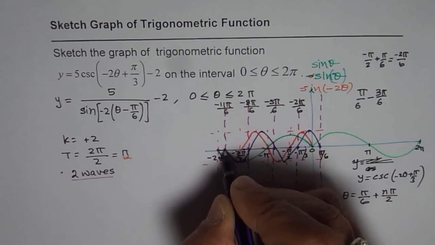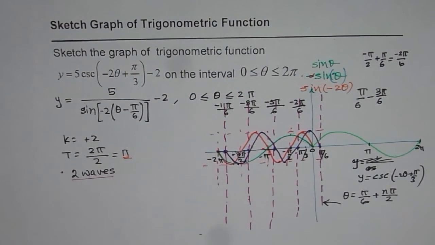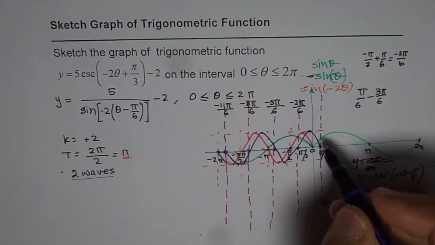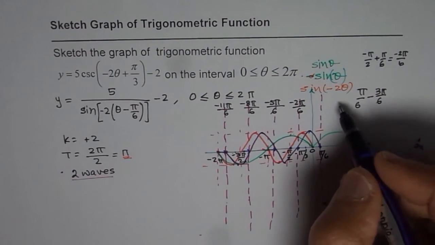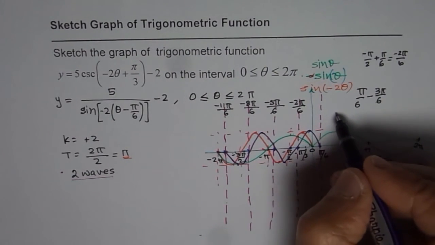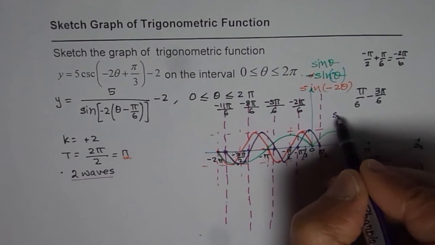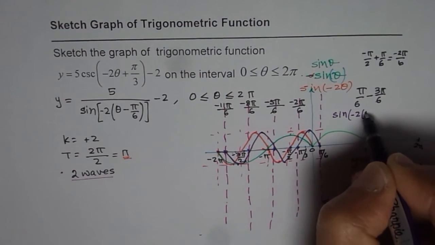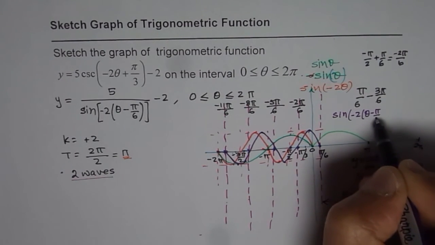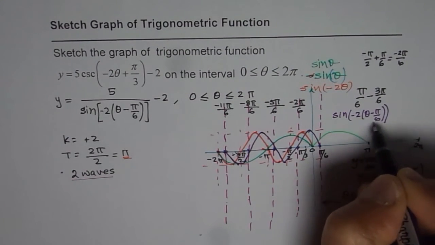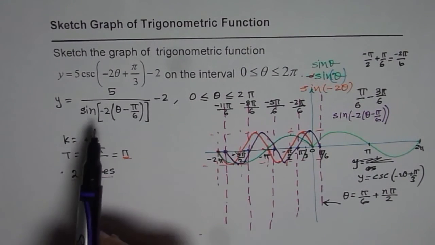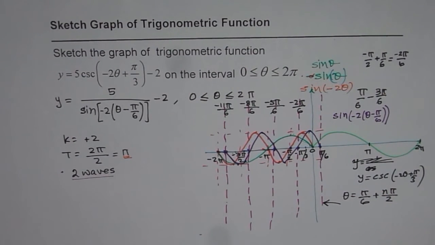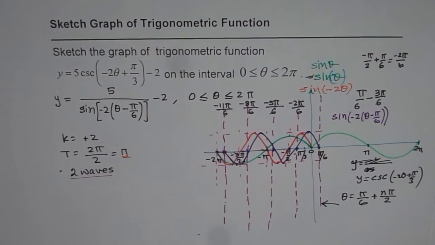So this is the final sine wave for us for the period 0 to 2 pi. So let me write this color as here. This is a good space for us, which is sine minus 2 theta minus pi by 6, bracket close. That is the final sine wave. So we got up to this stage. Now we are going to do the reciprocal of that.